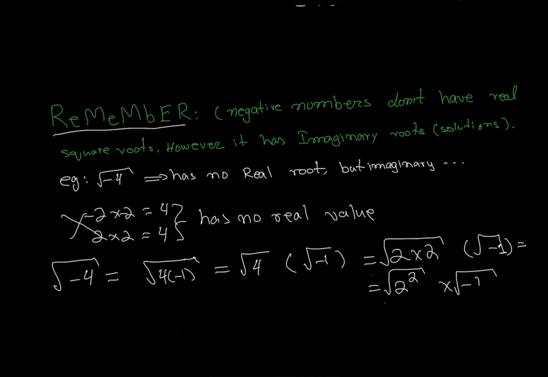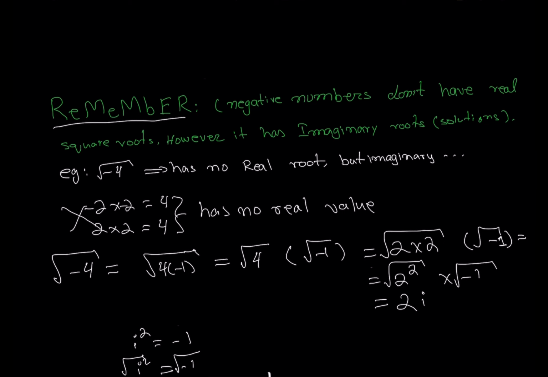So we can write this simply as 2, and negative 1 under the square root is equal to i, because i squared is equal to negative 1. If you want to solve it for i, we put both sides under the square root, which will be the square root of negative 1. The square and root cancel out, so i is equal to the square root of negative 1. So that's how we said negative 4 is equal to 2i.